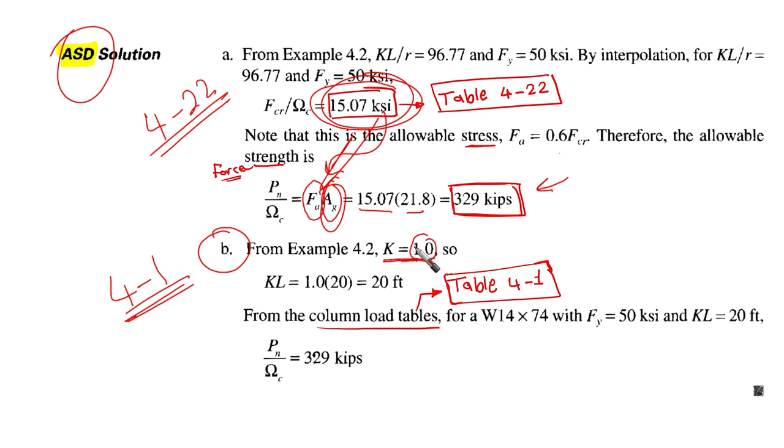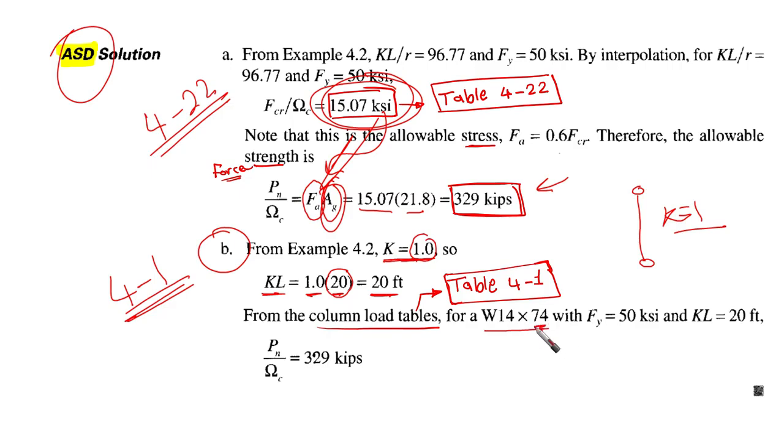K is 1 because we said that it is a pin column. So K equals 1 and KL equals 1 times 20, which is the length of the column. This means 20 feet. Then from the column load tables, table 4-1, for the wide flange W14, the weight is 74.